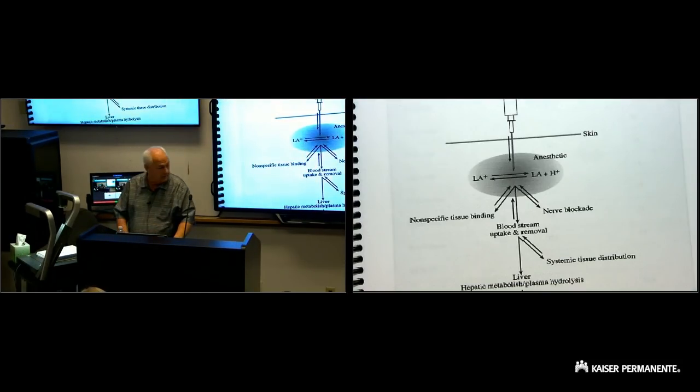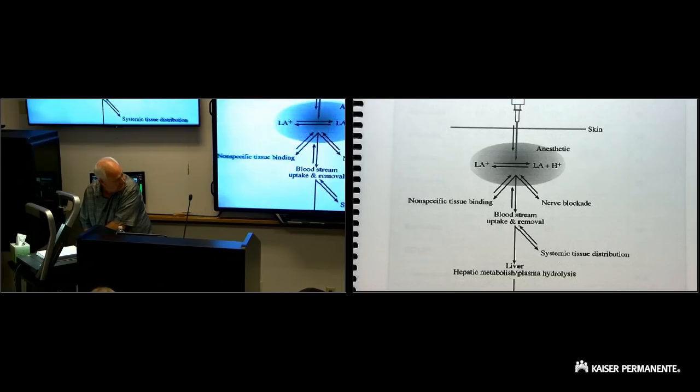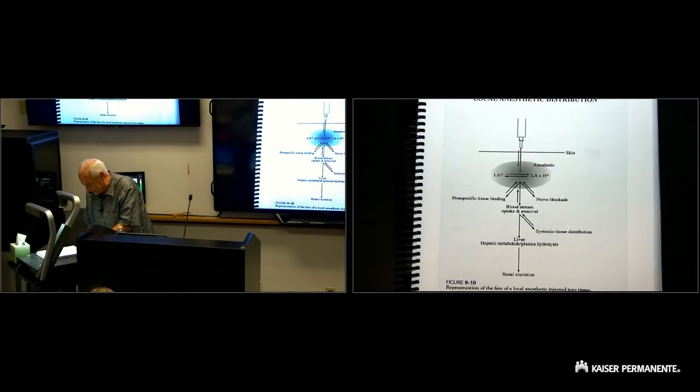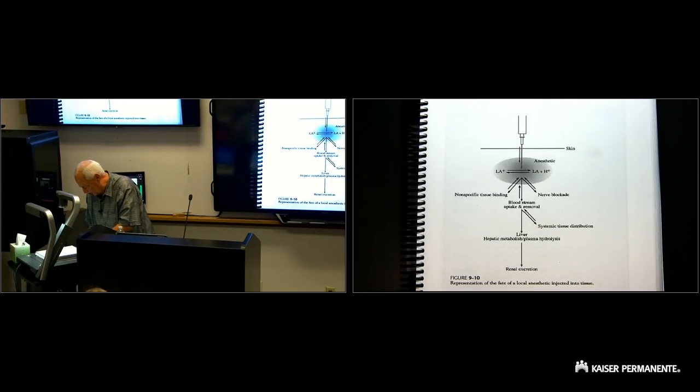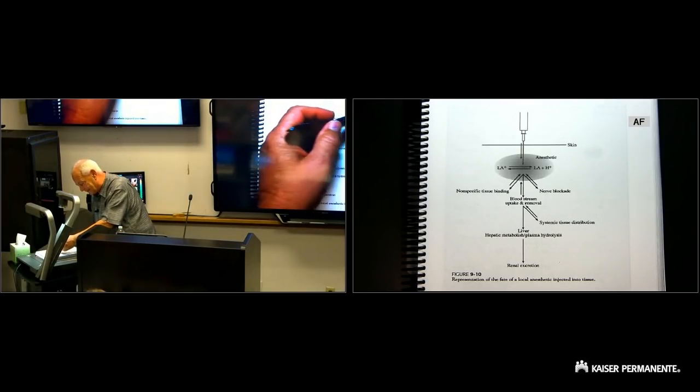Now, this little drawing, I think we did this drawing. I just want to show, and it's kind of common sense, you already know this. What happens when you inject a local anesthetic into somebody's tissue? And so, here's the syringe, of course, here's the skin.